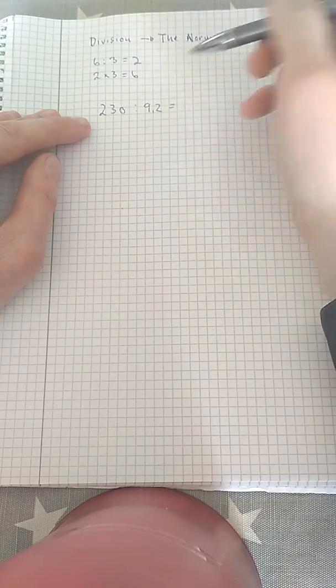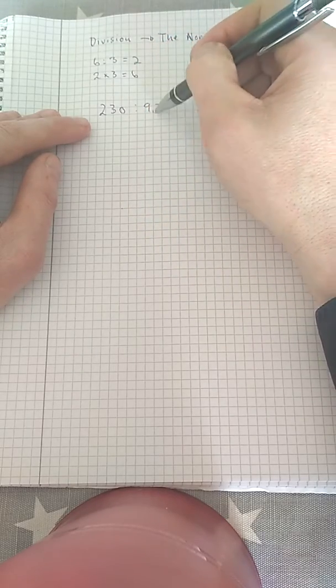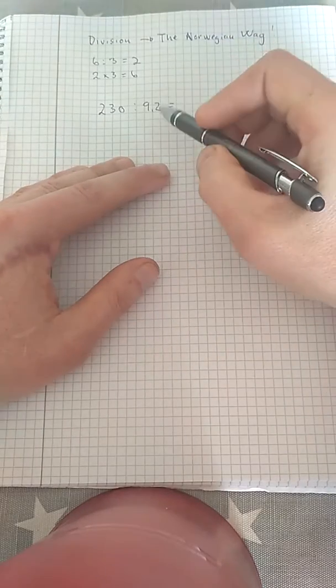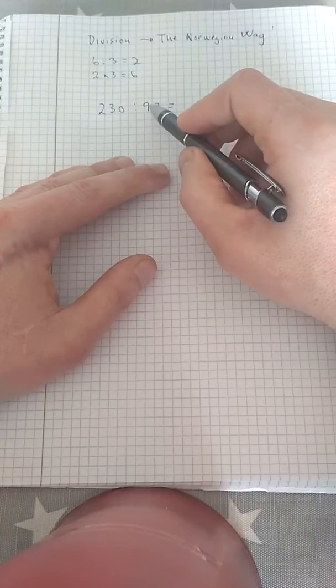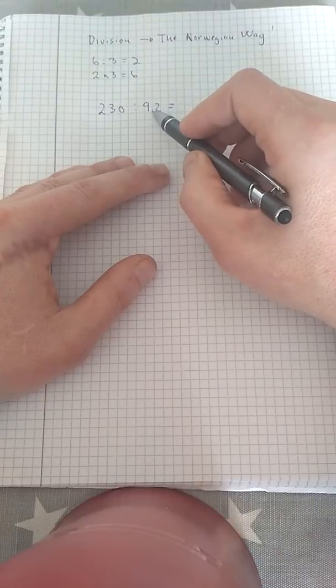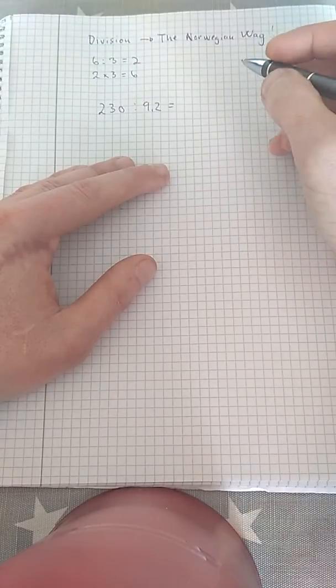So just keep the 9.2 and don't multiply it by 10 and get rid of the decimal. So what you're going to find out is how many 9.2s can you fit in 230.